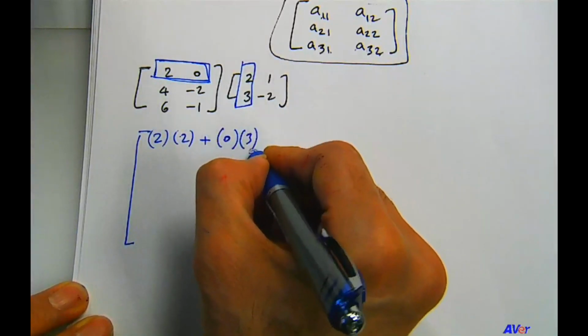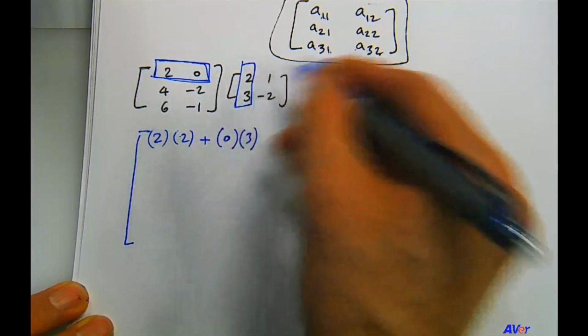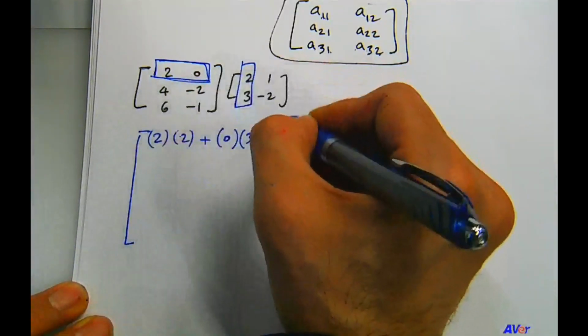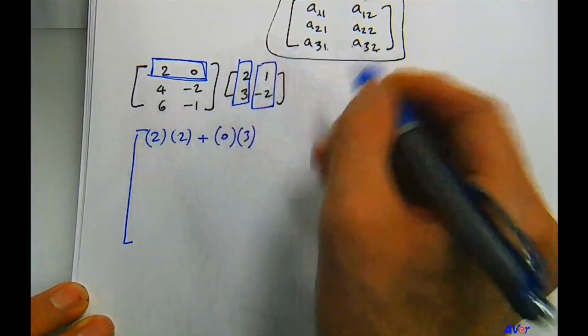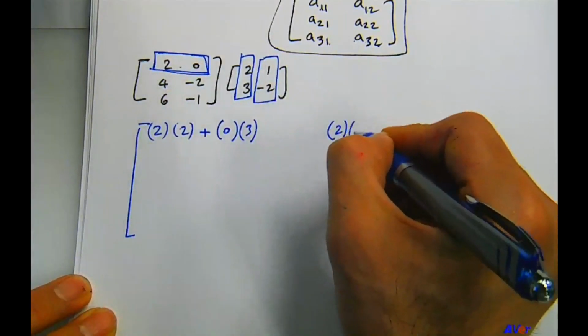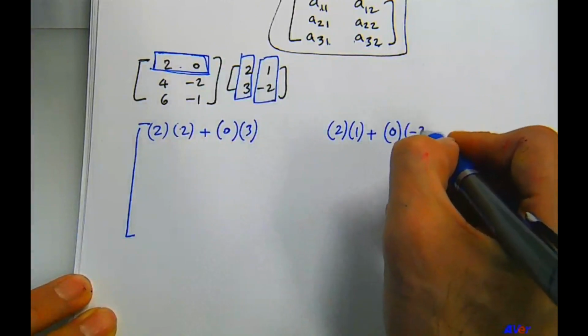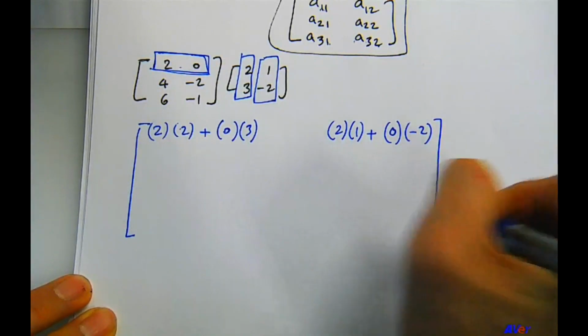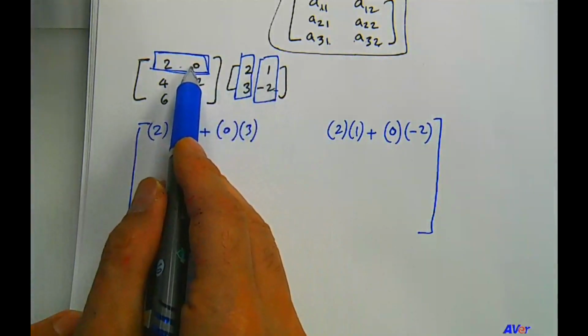Now once we're done with that, we move to multiply the first row by the second column, by that one. So we say 2 times 1 plus 0 times negative 2. We've run out of columns.